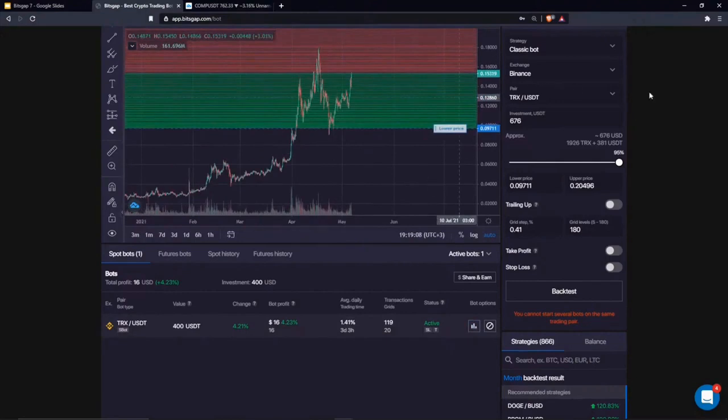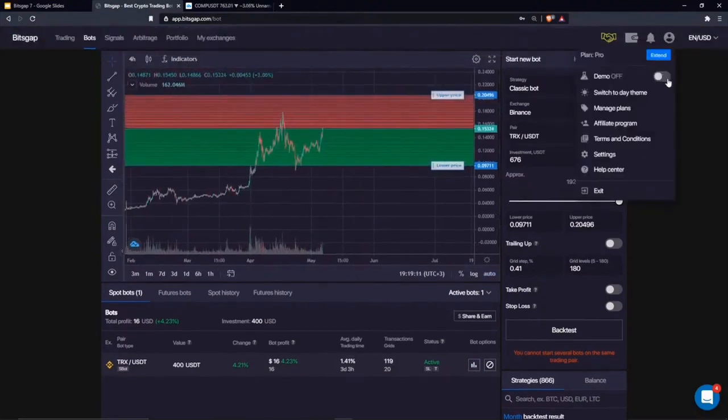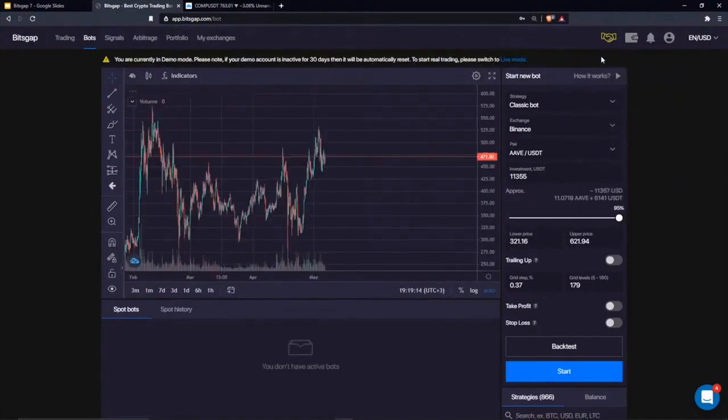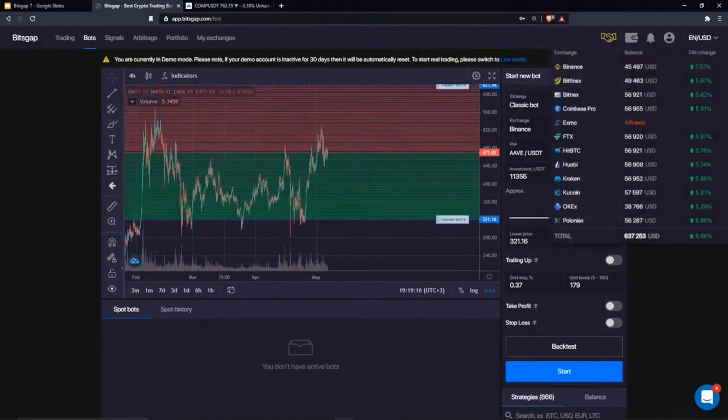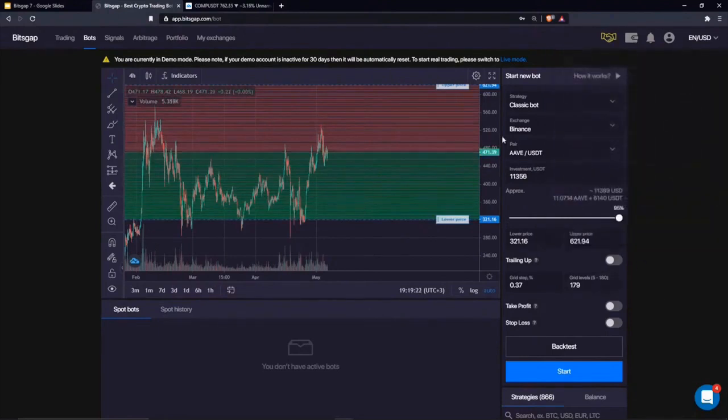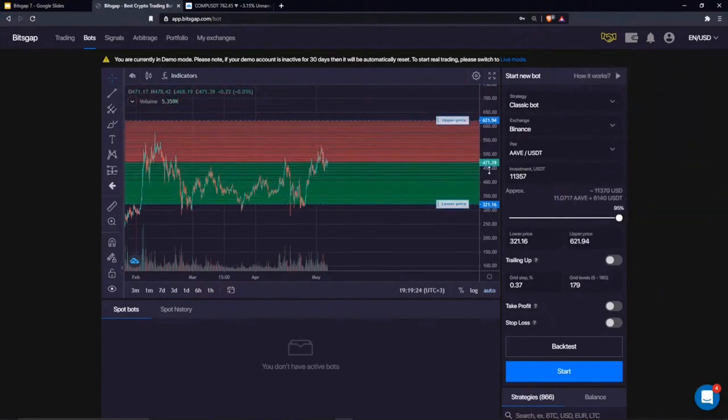So let's go back to the demo mode. By the way, in the demo mode, you have virtual money to trade with. It's a cool feature, because here you're using virtual money. Basically, that's the market simulator mode, risk free.